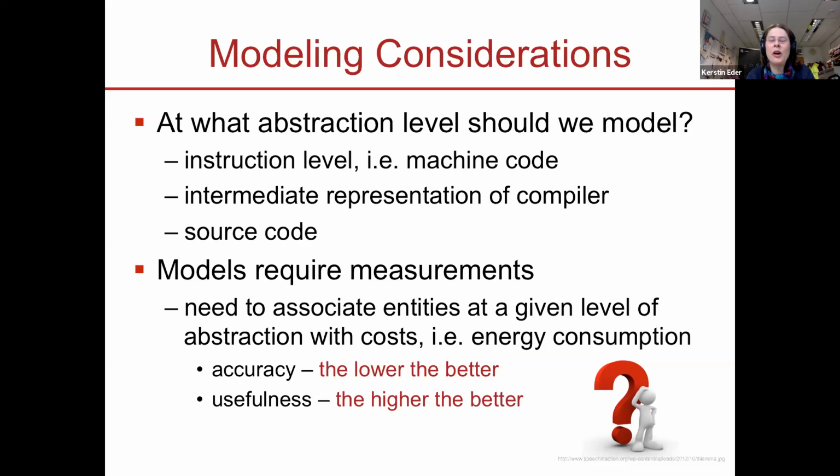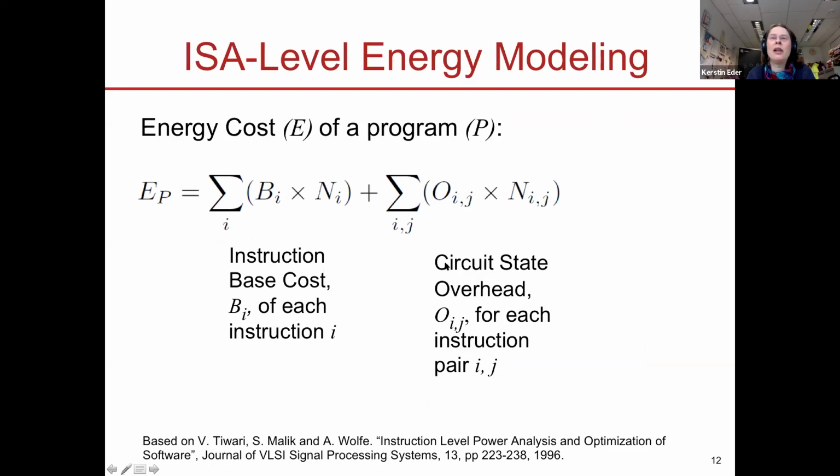So we were looking for ISA level energy models, so instruction set architecture level energy models. And we found some prior work from 1996. That's a long time ago. This work suggests that if you want to know the energy consumption of a program P, then you need to take into consideration the instruction base cost, B_i, for every instruction in the program that is being executed as the program runs.